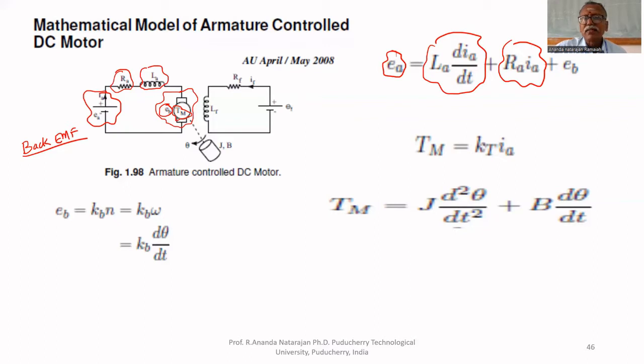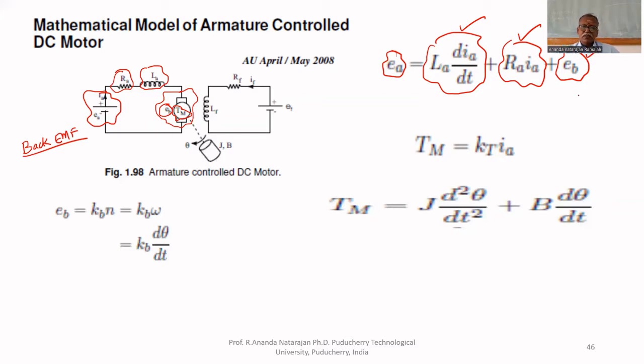And there is a back EMF which opposes the applied voltage. So three components are there. Normally for a coil, only two components. Since it is rotating in the magnetic field, there is a back EMF EB. Therefore, EA equals LA dIA by dt plus RAIA plus EB.